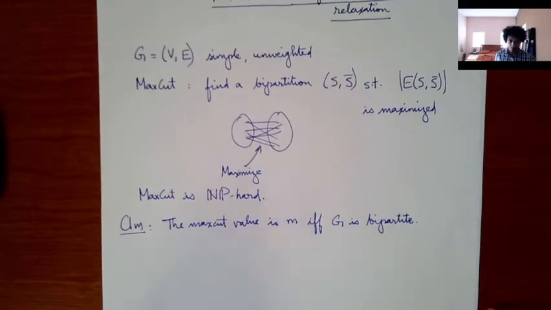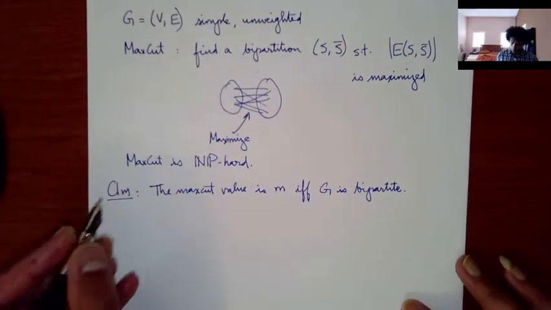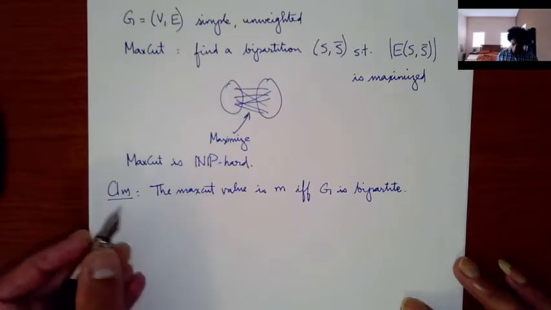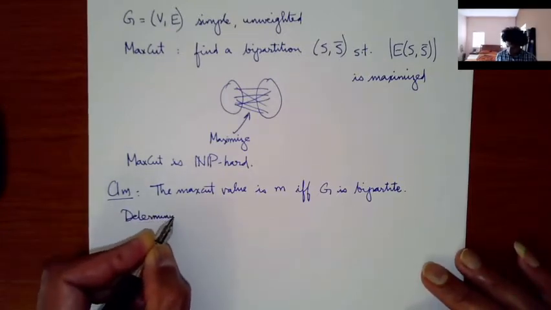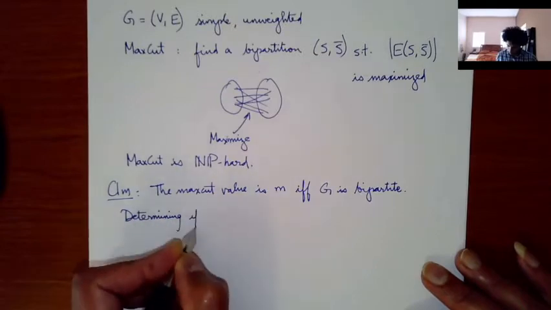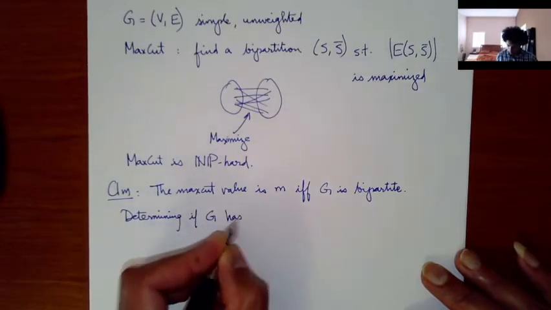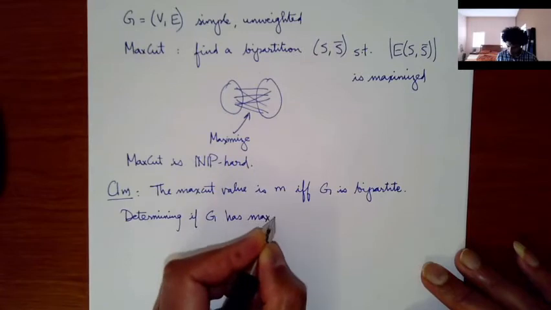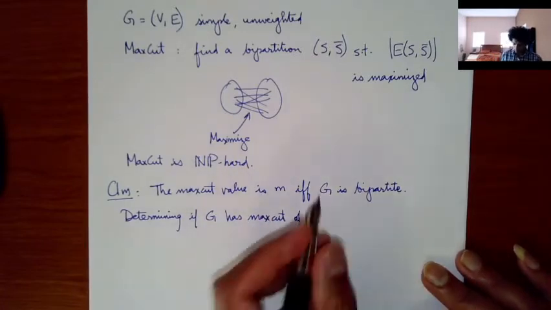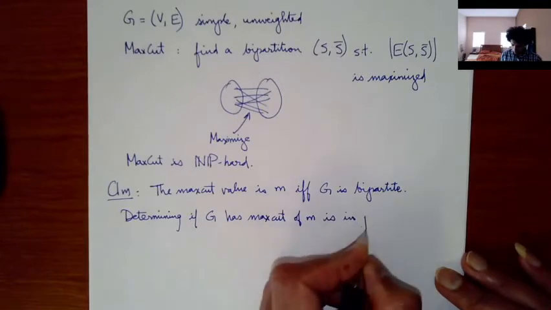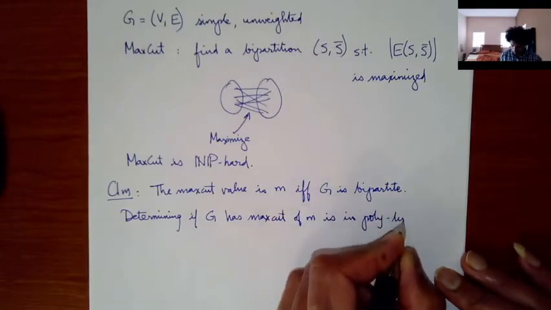Something worth mentioning is that determining if G has a Maxcut of m is in polynomial time.